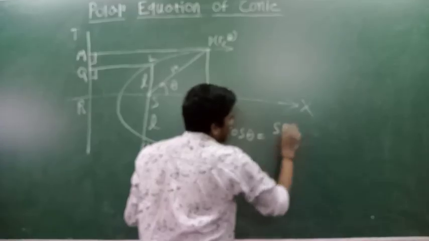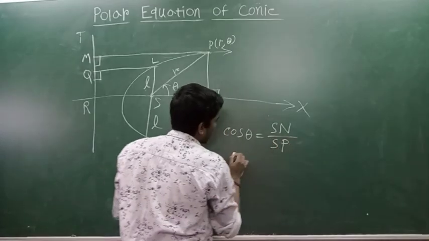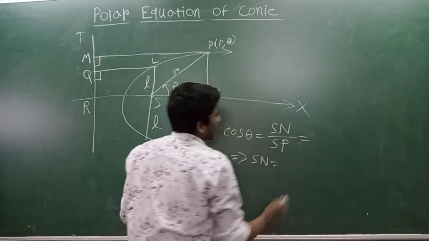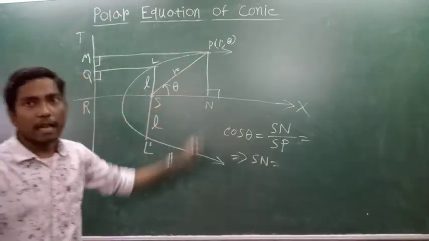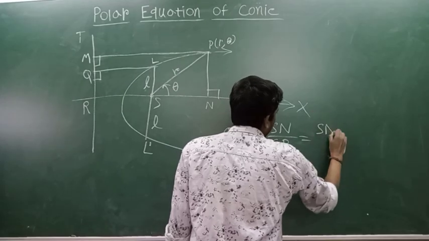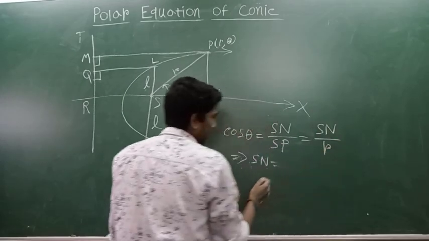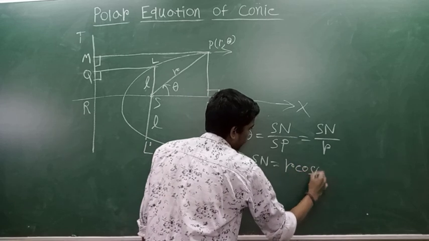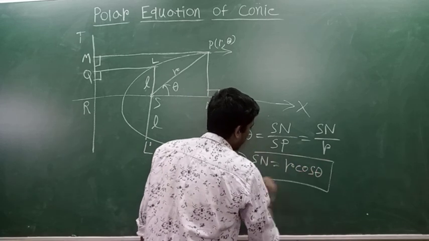So SN by SP. From here we get SN is equal to, SP is nothing but the length r, so this is equal to SN by r. From here we get SN is equal to r cos theta. Keep this in your hand, we'll use this.